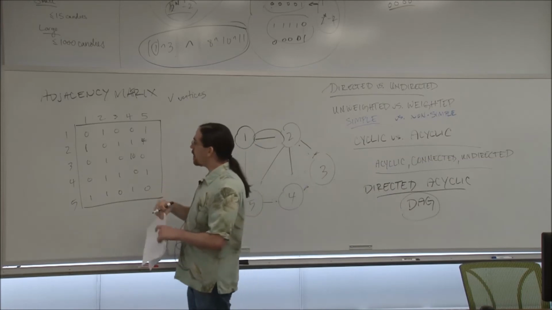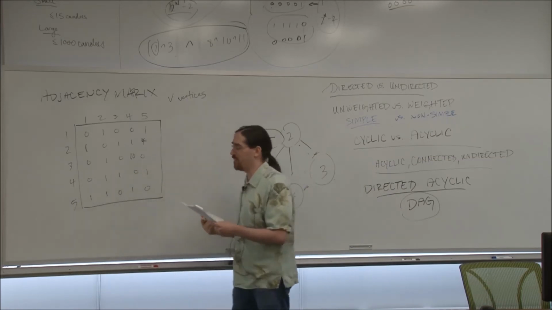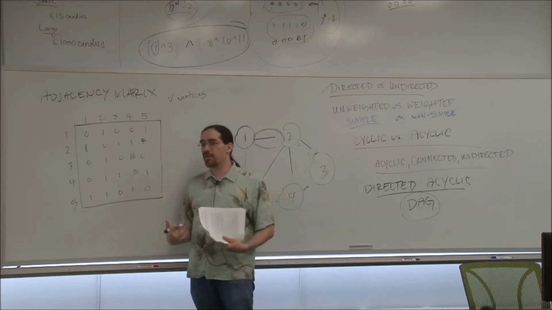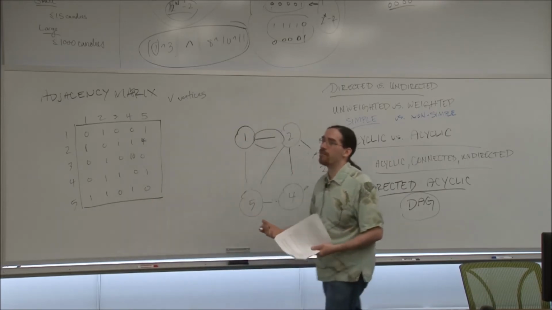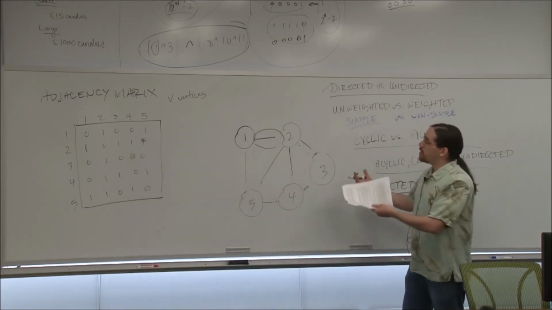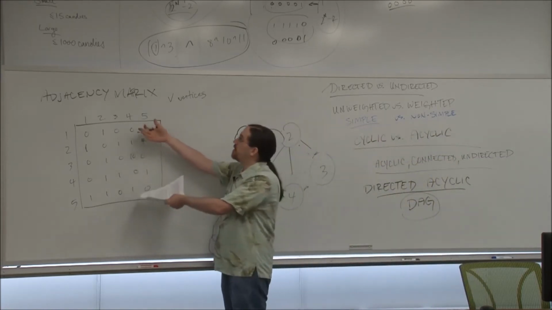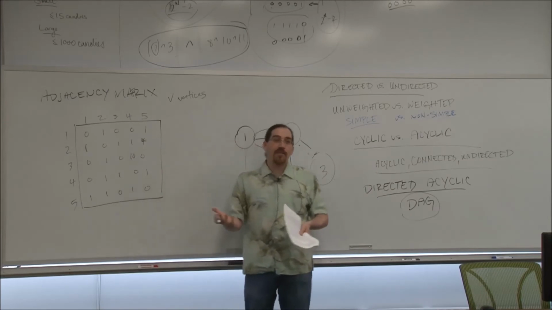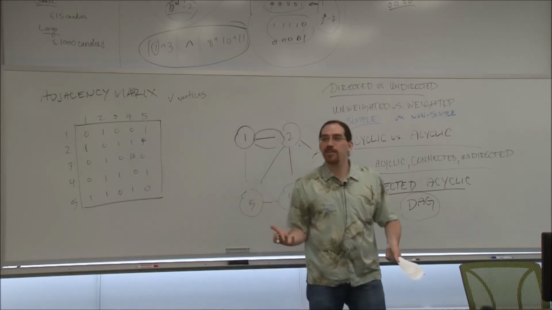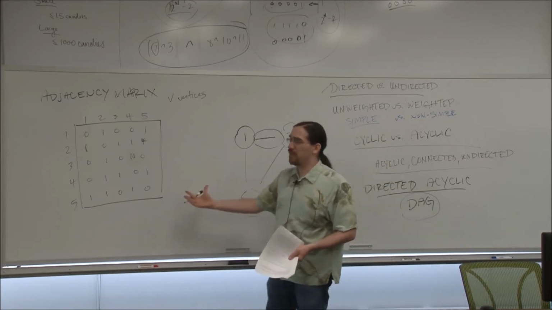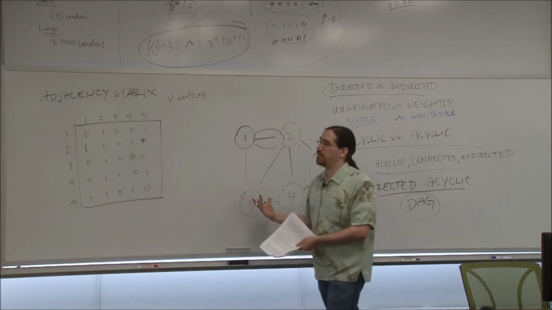However, the downside is that it takes a lot of memory to store the matrix, particularly for sparse graphs. So a sparse graph is a graph where there's not as many edges as there could be. So the maximum number of edges is v squared. But for most graphs, there's not really v squared total edges. So for this one, there's 5 elements, but there's only 7 undirected edges.